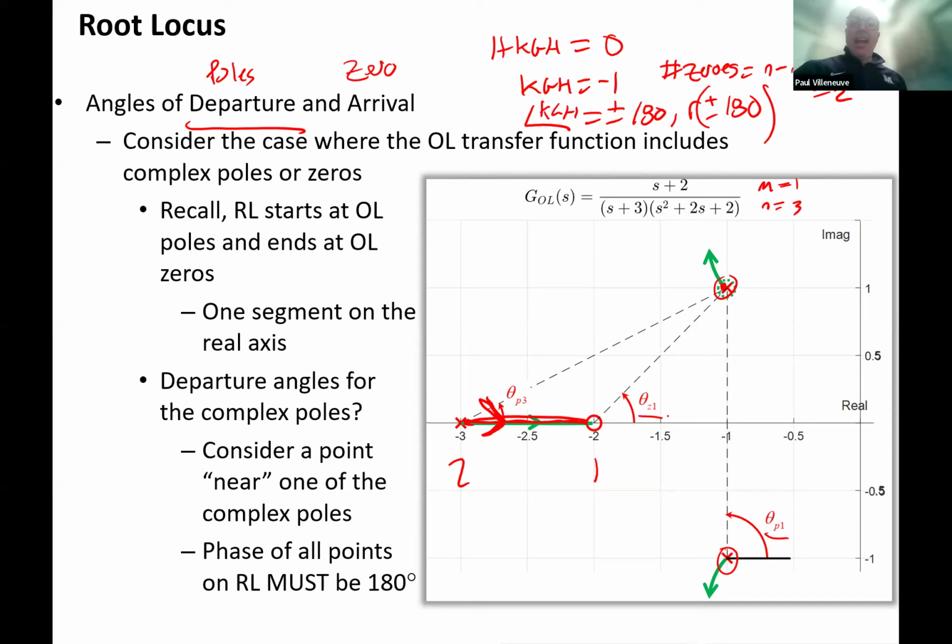Then we have an angle for our zero, leaving that zero and going over there. And finally our last pole, calculating an angle from there. The P2 angle is an unknown, and that's what we're trying to get to.